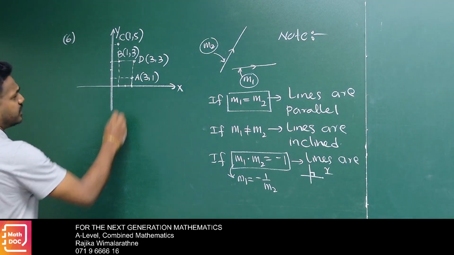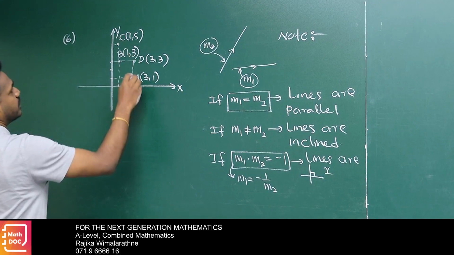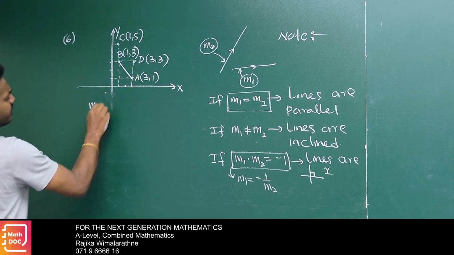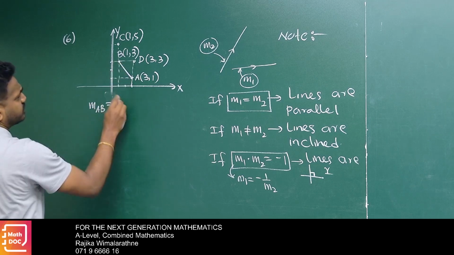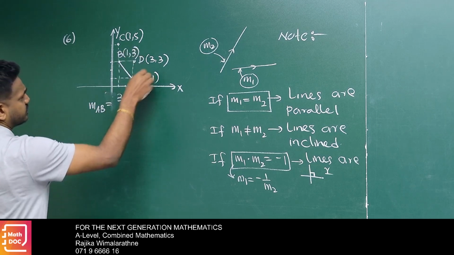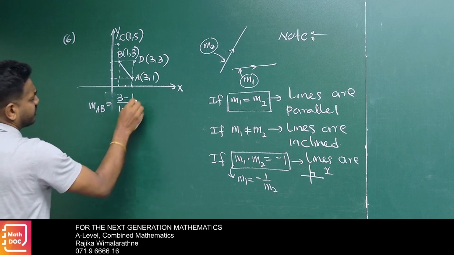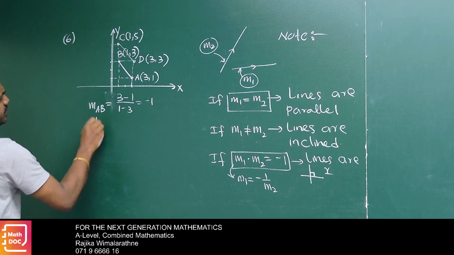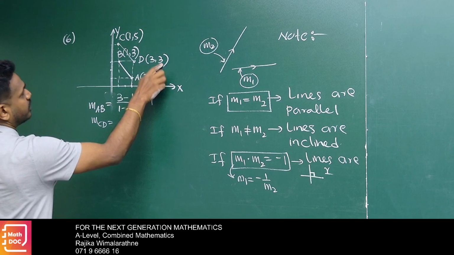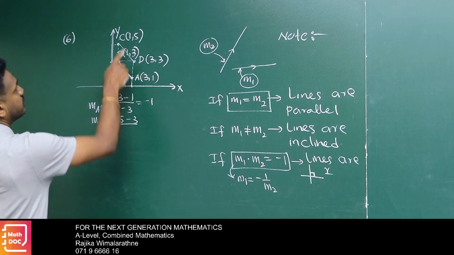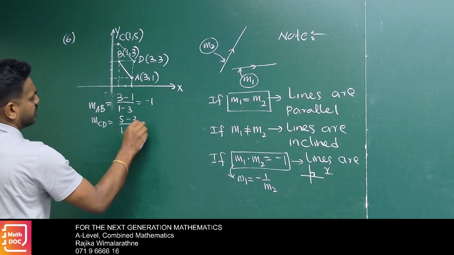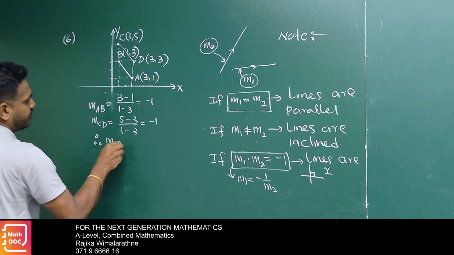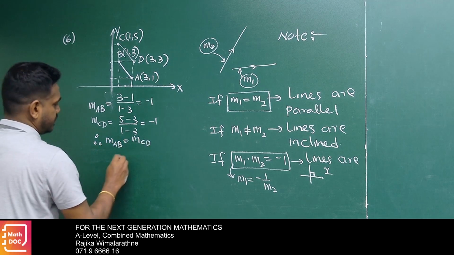Now here, take the AB gradient. MAB is y difference over x difference, 3 minus 1 over 1 minus 3, which is -1. Here MCD is 5 minus 3 over 1 minus 3, which is -1. Therefore MAB equals MCD.